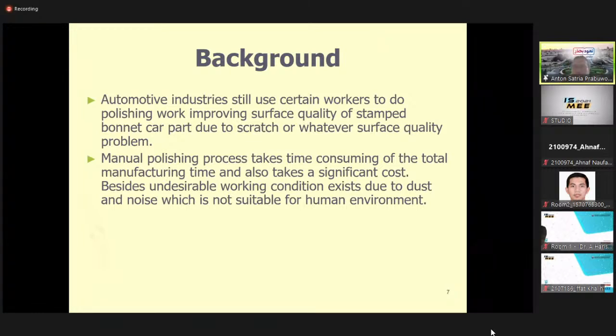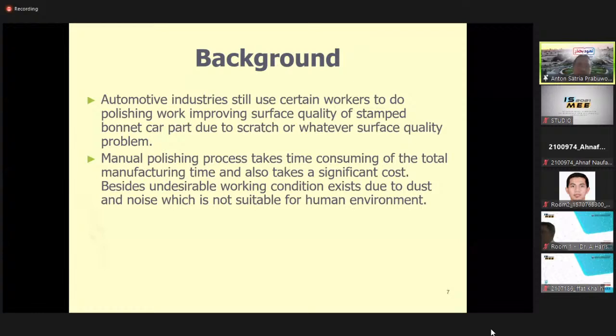All right, so the manual polishing process performed by human operators is, of course, time consuming if we compare it with the total manufacturing time, and it also takes a significant cost, because we have to maintain and perform the administration and so on in order to maintain the human operators.